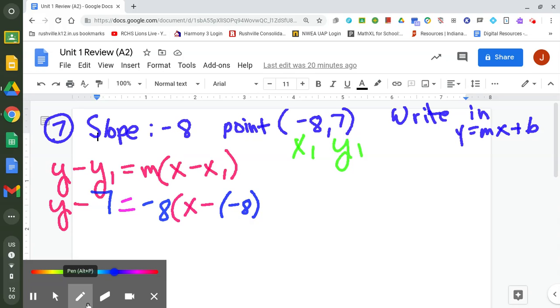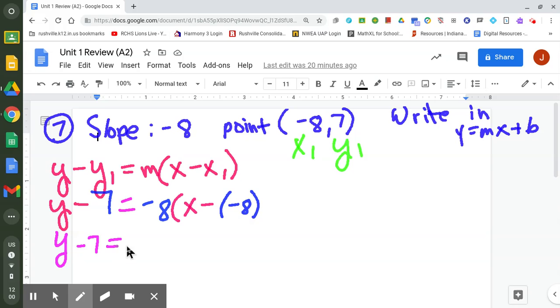And so I'm going to simplify this. So my next line will look like y minus 7 equals, and then I've got negative 8 times x plus 8, because that negative 8 makes that a positive.